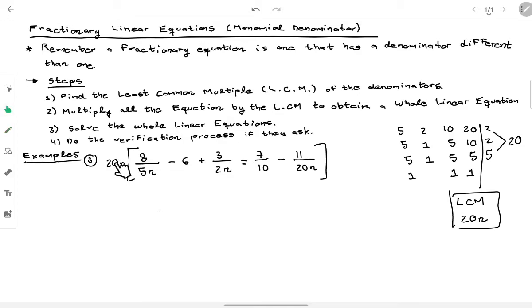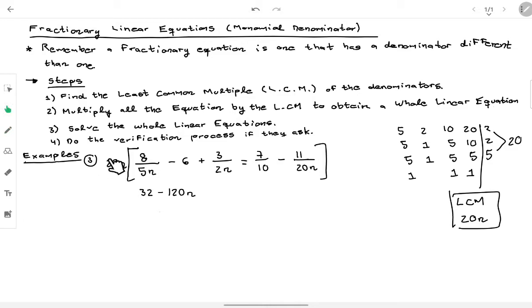In this case, 20n divided by 5 is only 4 without the n, because the n and the n will cancel. 20 over 5, 4. Multiplied by 8, 32. Then it's going to be 20 that multiplies minus 6, minus 120n.